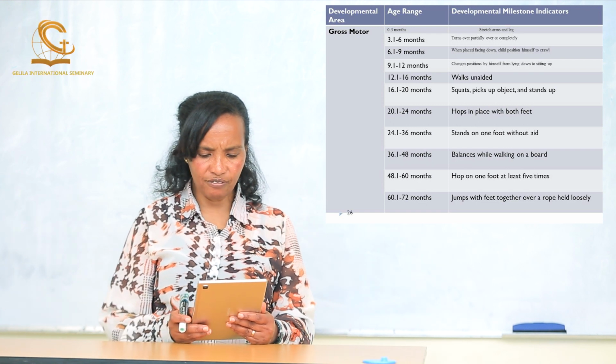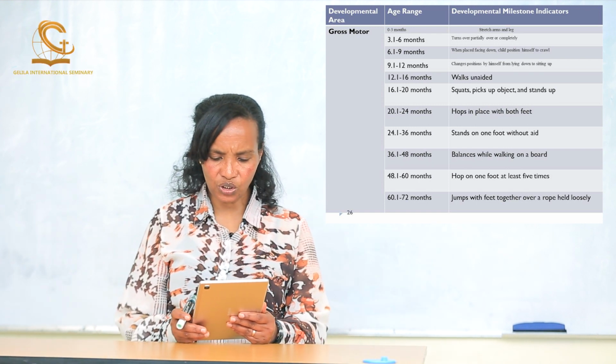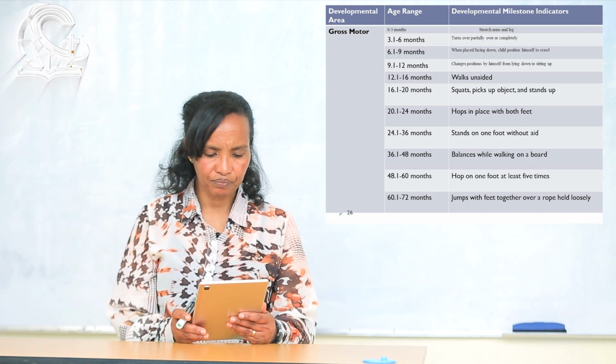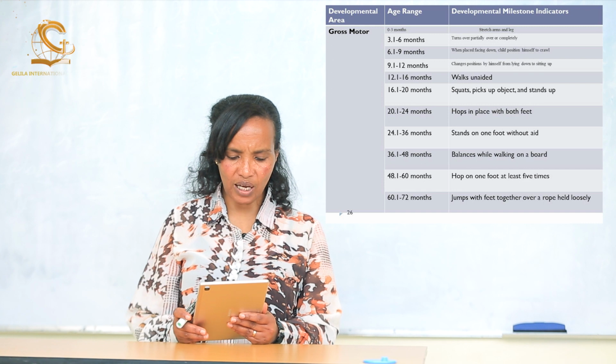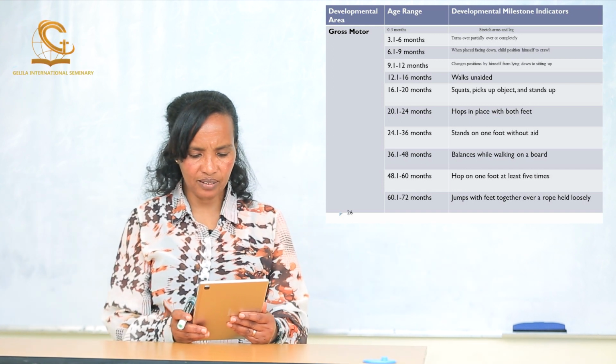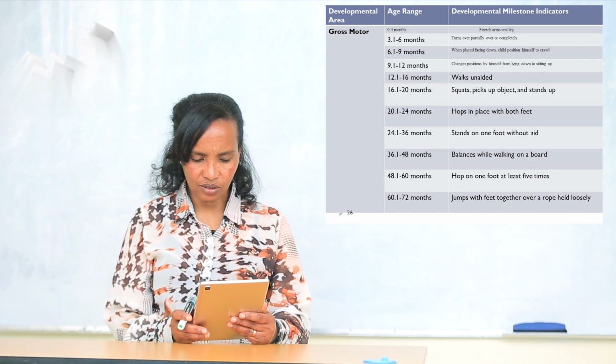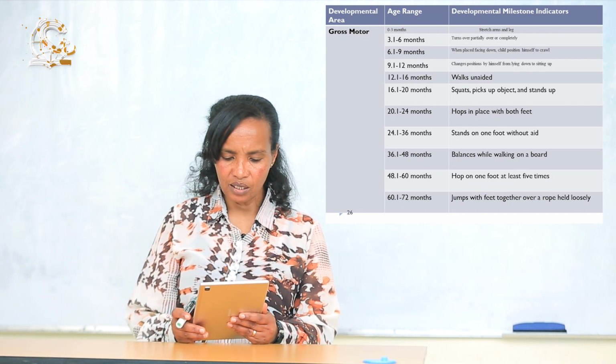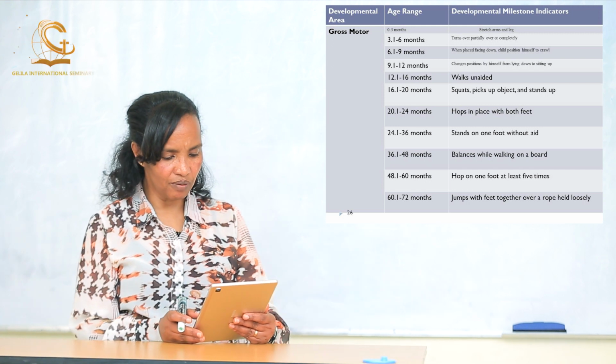From 9 to 12 months, changes positions by himself, from lying down to sitting up. From 12 months to 16 months, walks unaided. So at around 16 months, the baby walks alone.